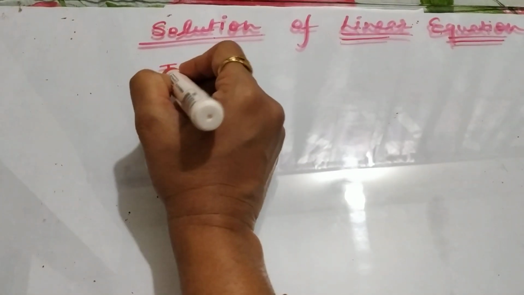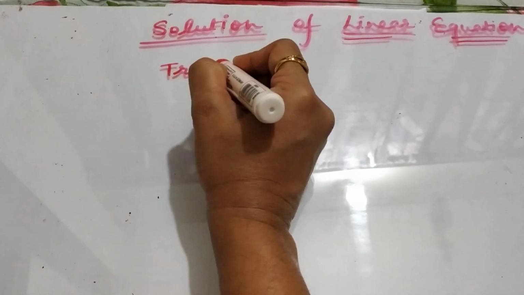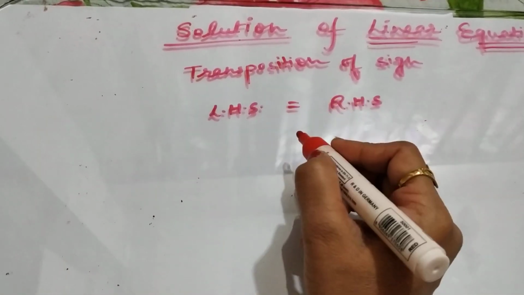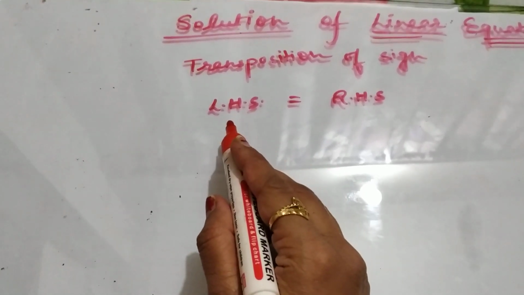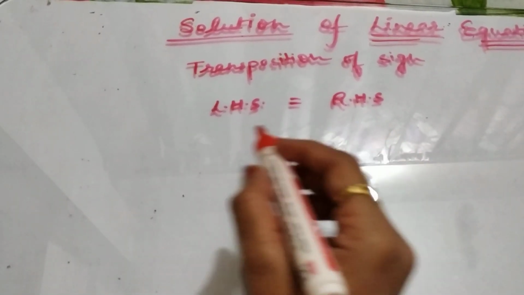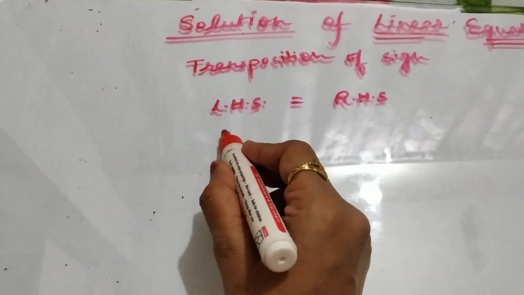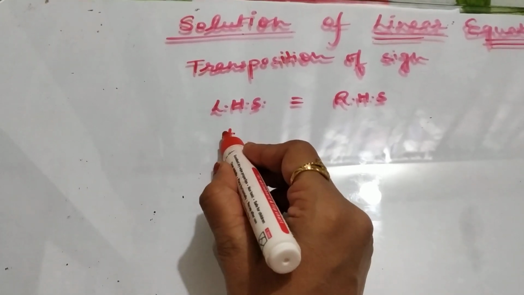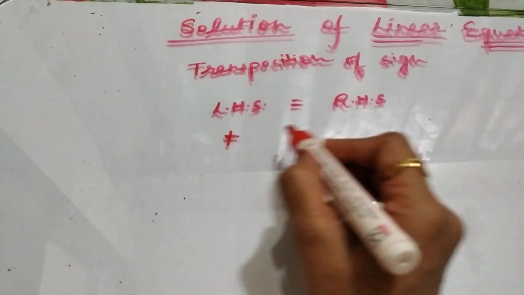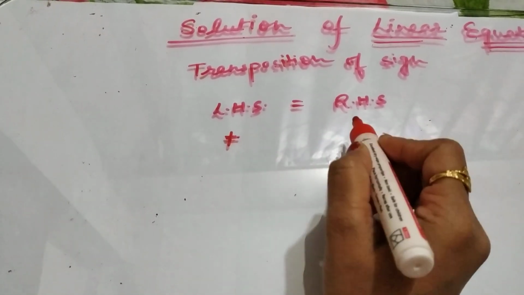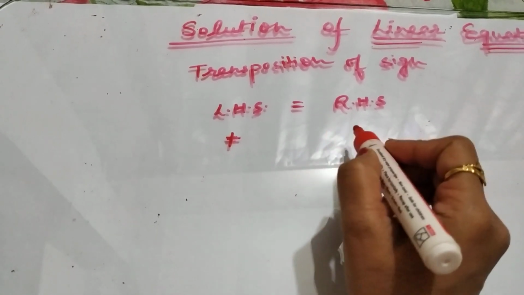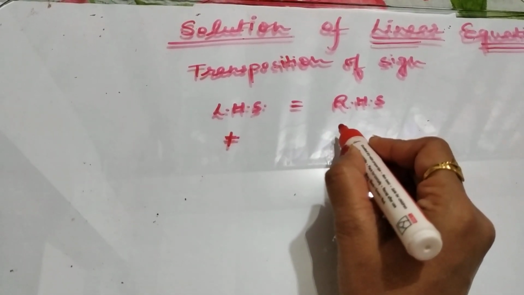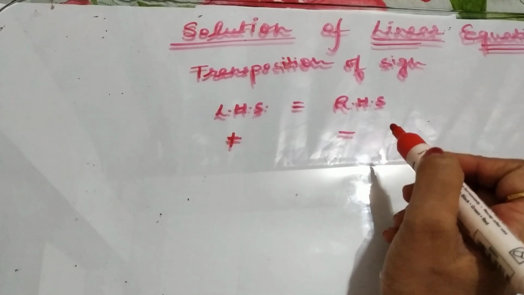For this, first you should know about transposition of sign. In an equation there are two parts, one is the left hand side and the other is the right hand side. If any number written on the left hand side is in addition form, whenever we transpose it to the right hand side, the positive number will become negative.